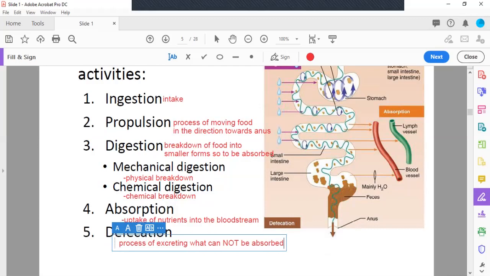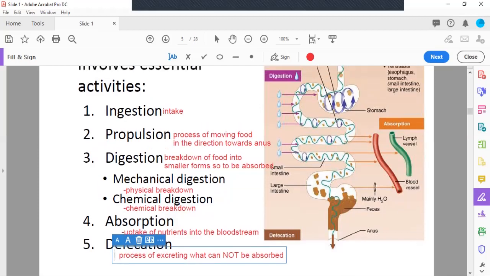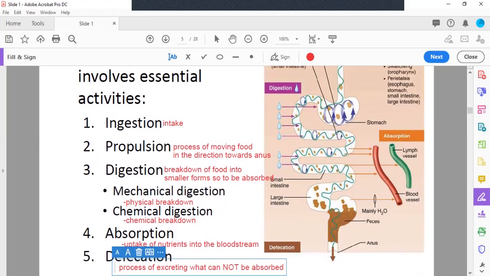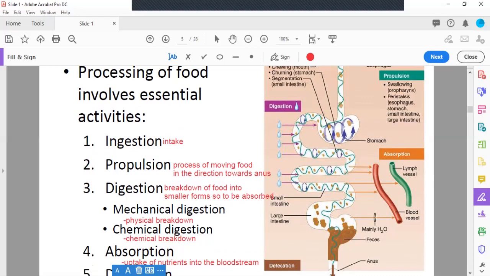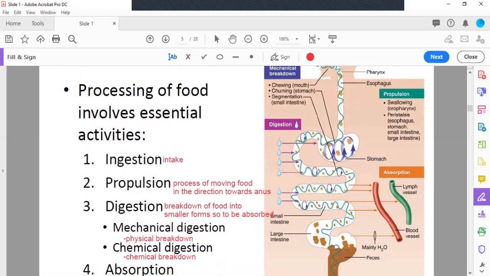So let's talk about how things are done. First thing is this, I want you to look at the image on the right side, and let's make a few notes on this. Ingestion is obviously the intake, so that's easy enough. Now, propulsion, examples of propulsion are going to be swallowing.